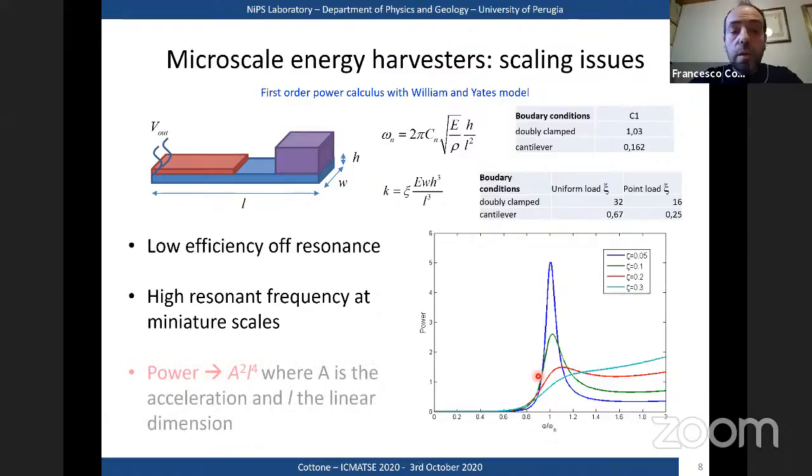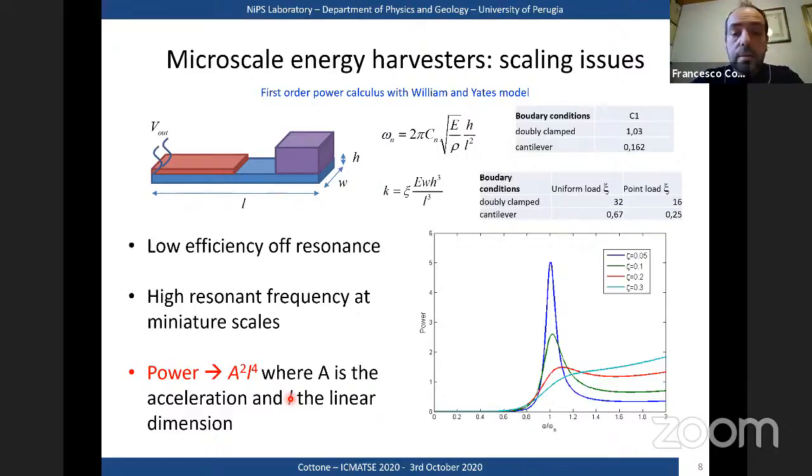If we make a simple calculation, for instance for a vibration energy harvester based on a piezoelectric cantilever, we see that the power is proportional to the square of the input acceleration and goes as the fourth power of the linear dimension. If we consider the oscillator as a cube, it goes as the fourth power of the linear dimension of this cube.